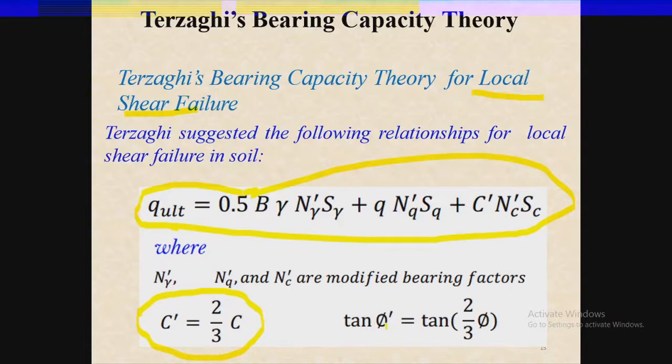So this modified friction angle phi prime can be found with the help of this equation: phi prime is equal to tan inverse of (2/3 tan phi). There will be no change in the shape factors. Only the bearing capacity factors will be modified, because the friction angle for those factors will be modified.